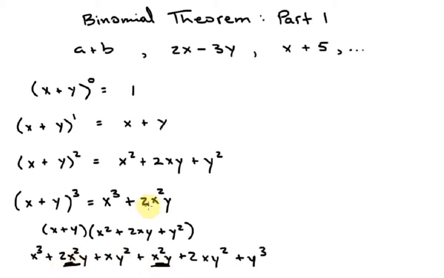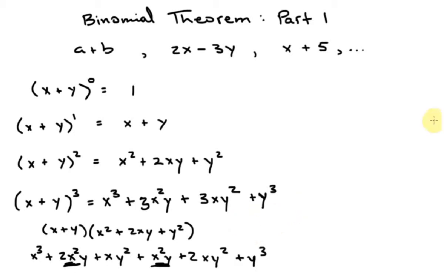So actually, sorry, that's a 3. Good thing I checked my notes. Okay, then we have an xy squared and 2xy squared. So there's 3 of those as well. Xy squared. And then we have the 1x cubed, y cubed at the end. All right, there it is, all expanded out.